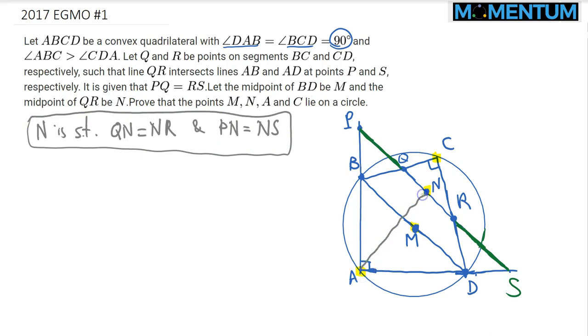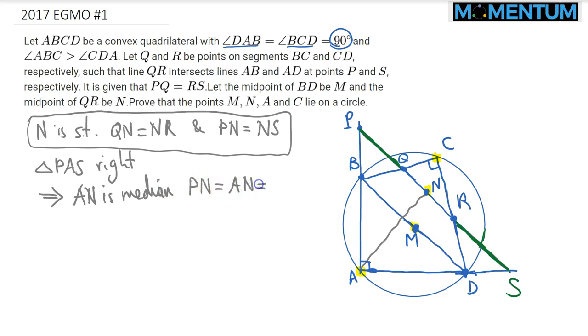Once you notice this observation, the crux move, then you can draw AN, and because PAS is a right triangle, and N is the midpoint, AN is the median, which implies PN is equal to AN, which is equal to SN.